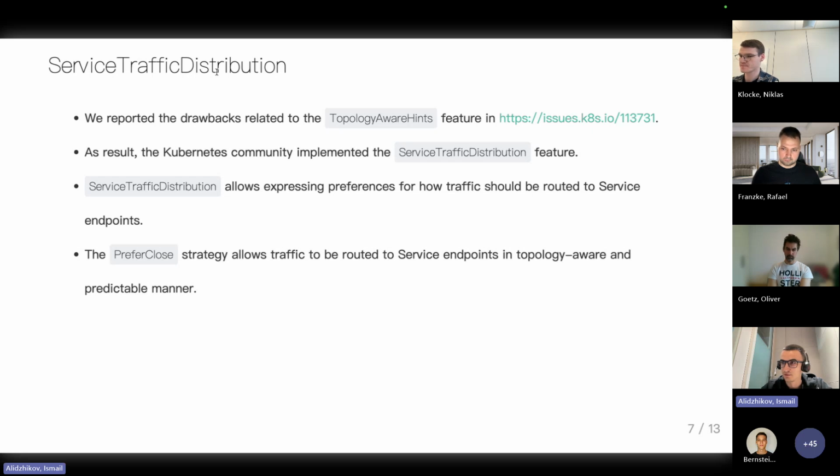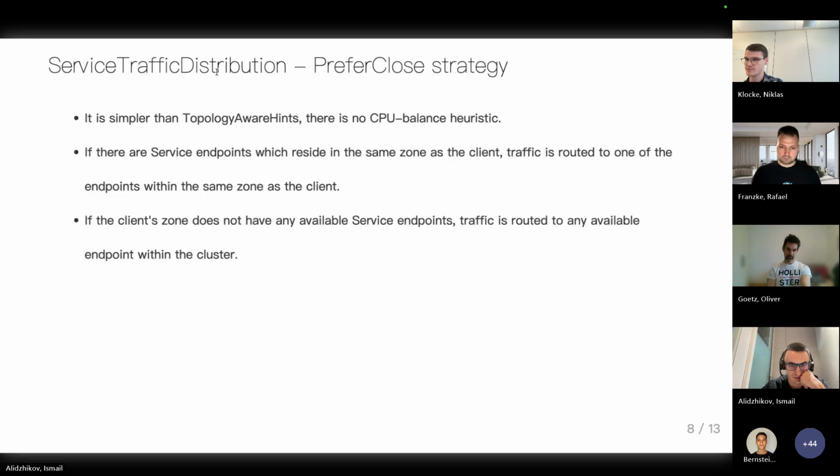Briefly, it is a field in the service spec which accepts a value of type enum with different strategies. Right now, the only supported strategy I'm aware of in the documentation is the PreferClose strategy. And this strategy actually does what we want and allows us to route traffic to the service endpoints in a TopologyAware and predictable manner.